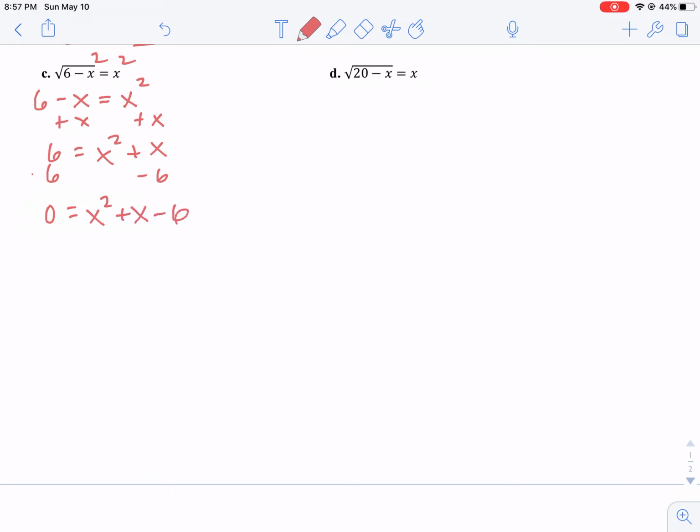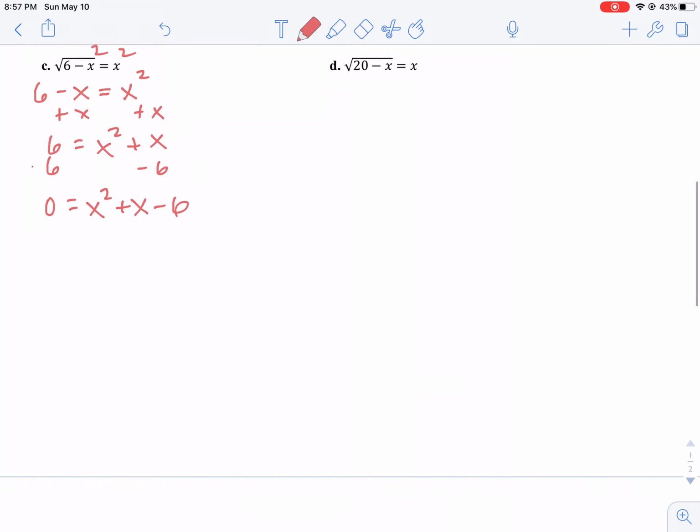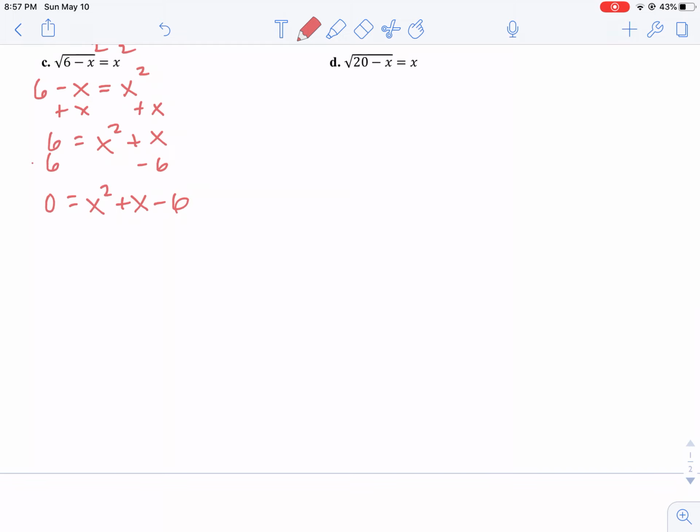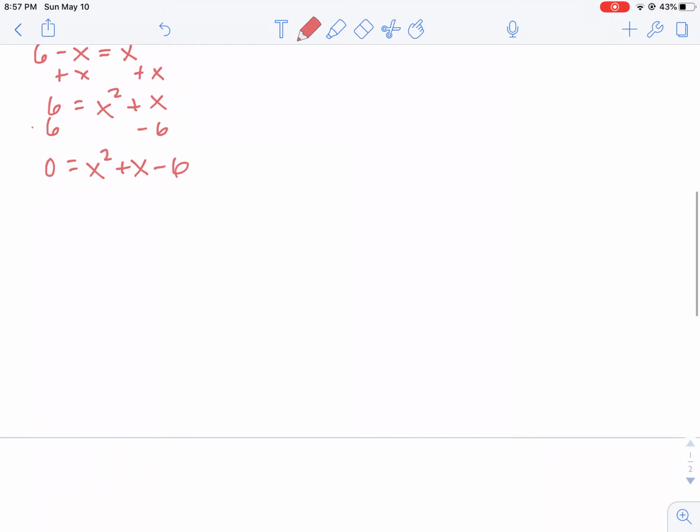and we need to use one of the methods for solving quadratics. Remember, we had a lot of them. We had factoring, the quadratic formula, completing the square, graphing. For this one, I'm always going to go to factoring if that is possible and easy. So I'm going to say, okay, what multiplies to negative 6 and adds up to positive 1?